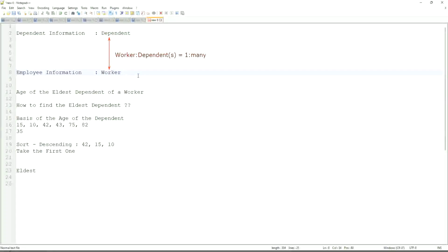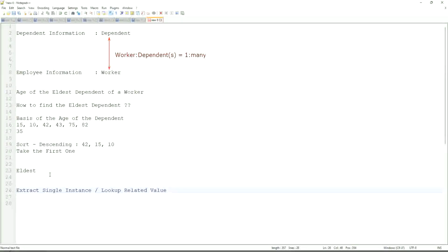Does the worker business object have the information about the dependent's age? The answer is no. That is why we are going to use a combination of calculated fields called extract single instance and lookup related value.